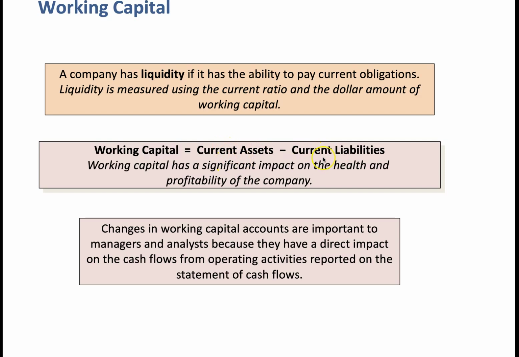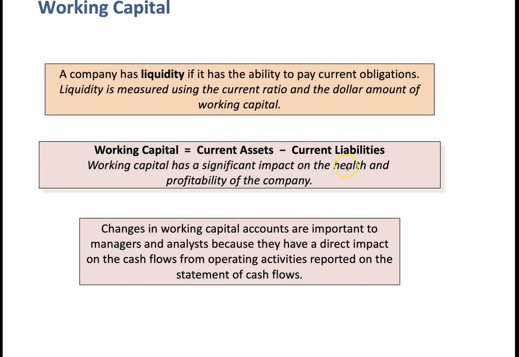This comes back to the idea of current assets and current liabilities. Current liabilities are the obligations that we have to meet within a year. And current assets are the assets that can be converted into cash within a year. So you need to have sufficient current assets to cover the amount of current liability a firm has.